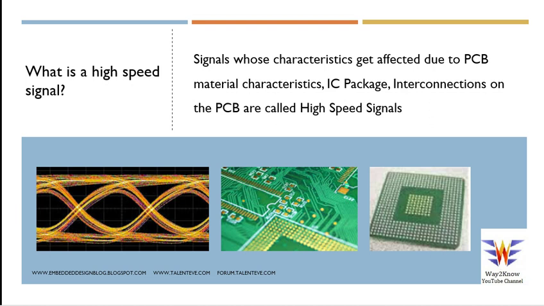If we only talk about PCB material, it's basically the dielectric material and its thickness, and then the IC package. Definitely there will be pins coming out of the IC, and it will have its associated capacitance and inductance. We'll talk about it later. So basically the signal gets affected by the IC package, and then interconnections on the PCB.